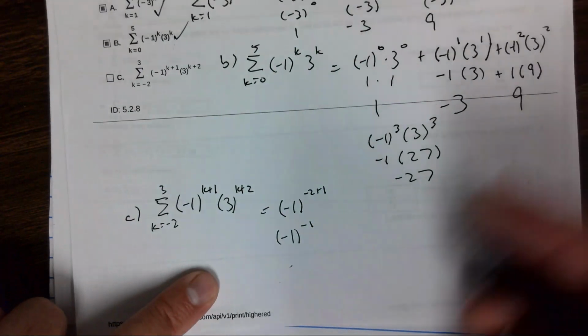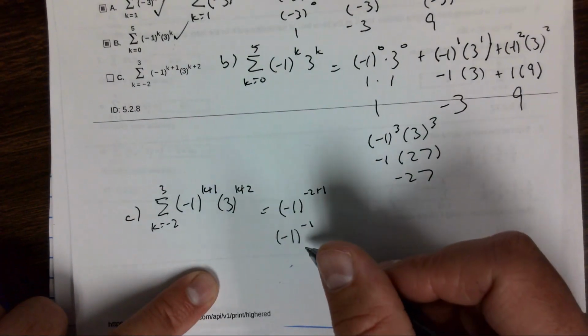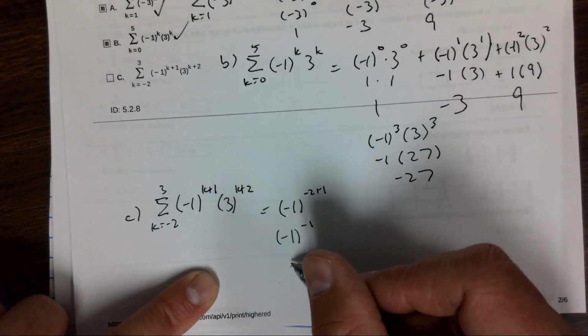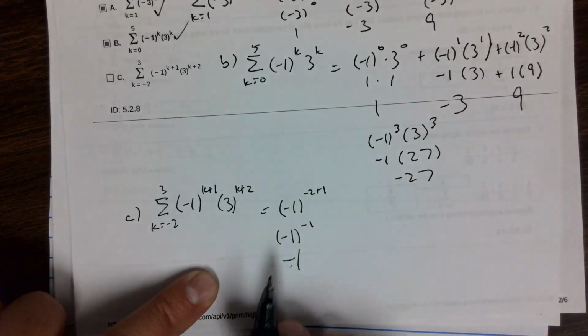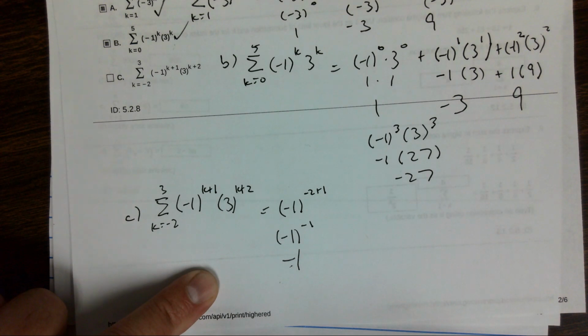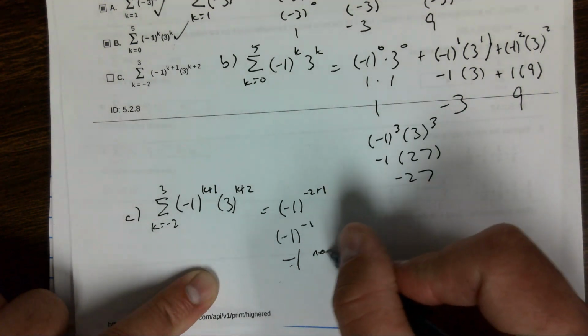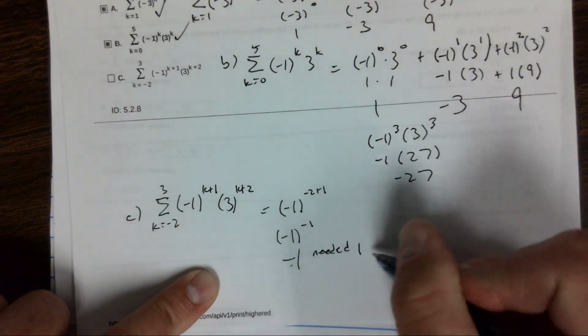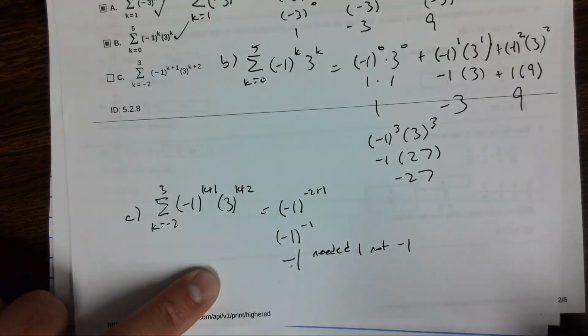Remember, the negative exponent in this case means it's 1 over that number, and so we get -1. So that's a bad starting point. We needed +1, not -1.